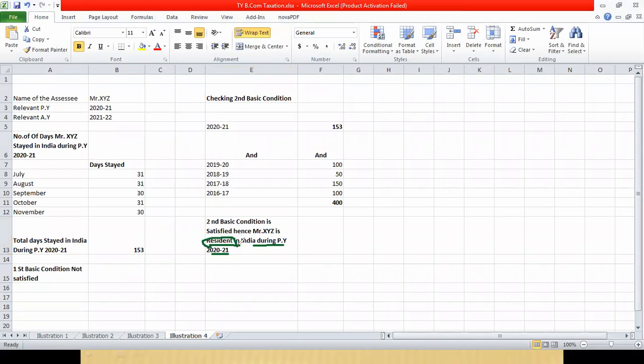Suppose by applying the basic condition the answer was non-resident, then you should stop there only. No need of going for the additional condition. Here, by applying the basic condition, we got the answer as resident. Then we will go for the additional condition.